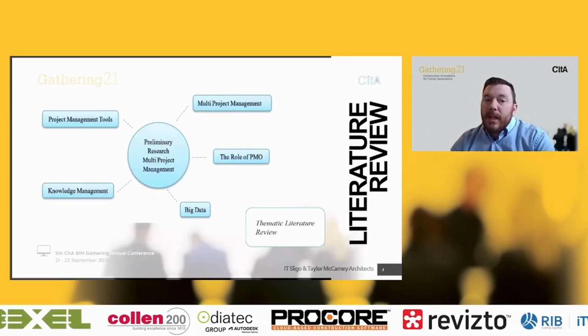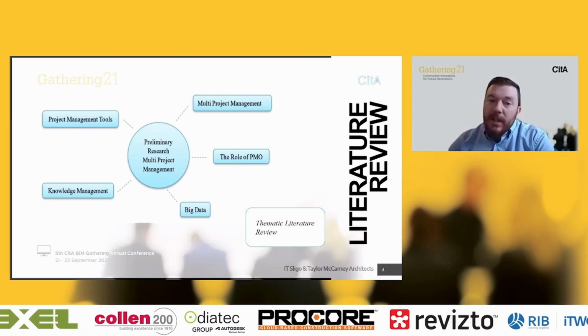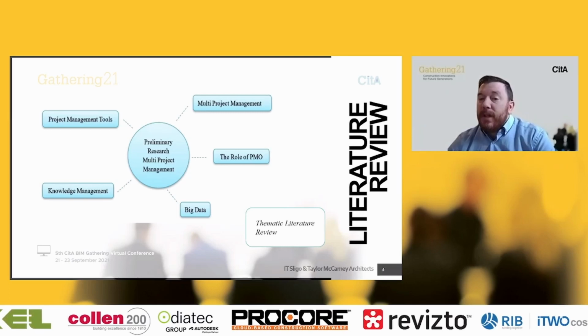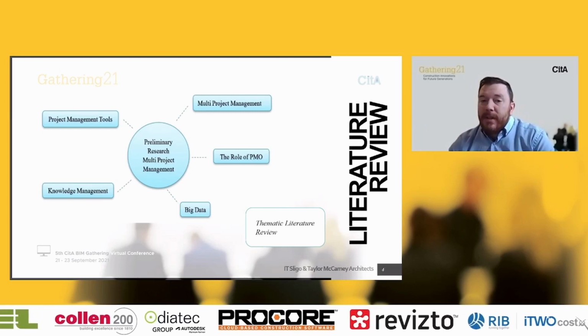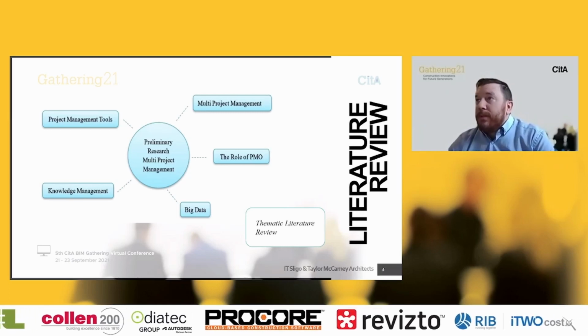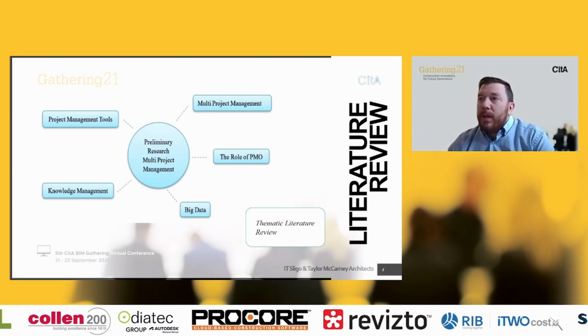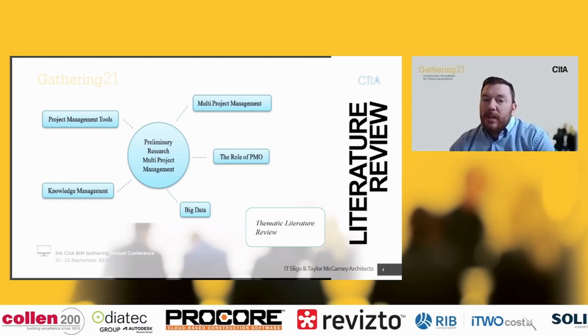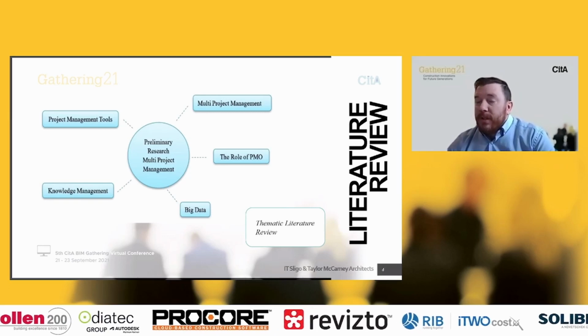So as part of my literature review, I carried out a thematic literature review, and I focused on the five following areas. So that was around multi-project management, the role of the PMO, big data, knowledge management, and project management tools. And just a brief summary of each of the terms there.